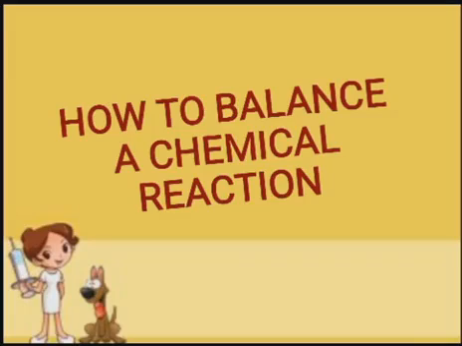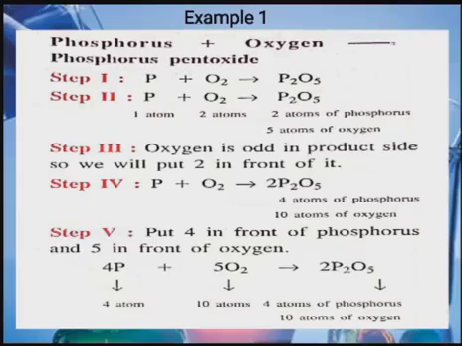Now, how do we balance a chemical reaction? The first example is: phosphorus reacts with oxygen, giving phosphorus pentoxide. Here it is written as a word equation.